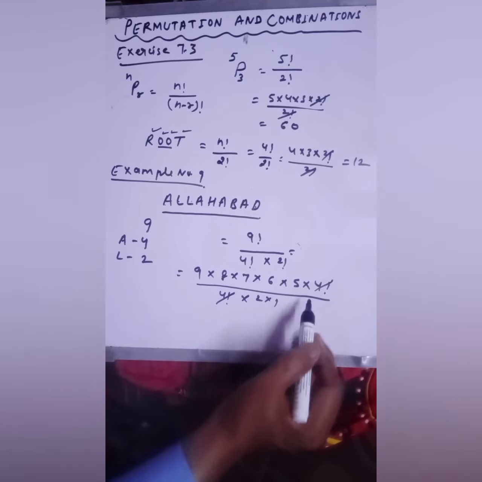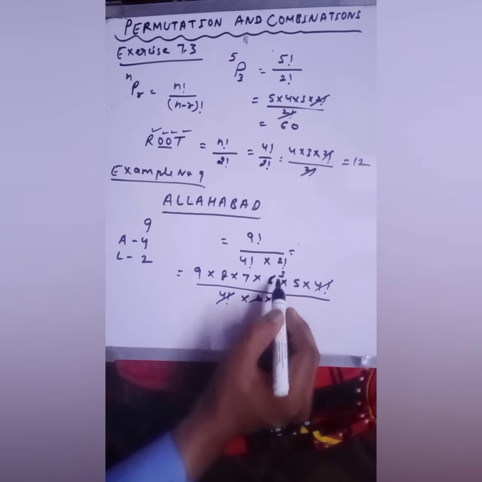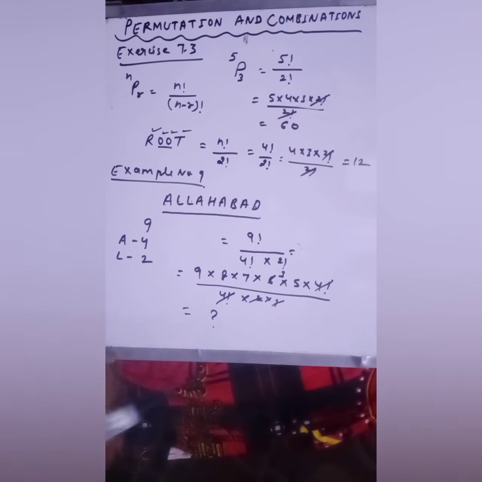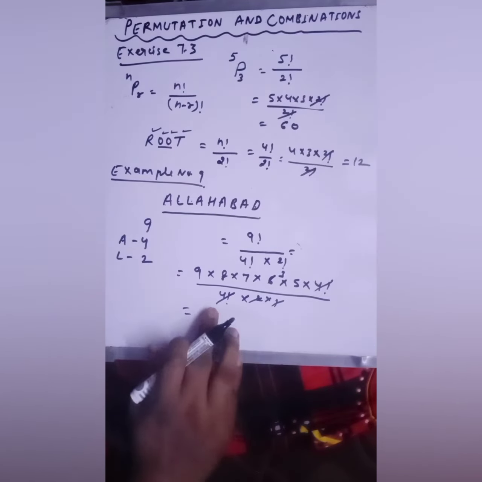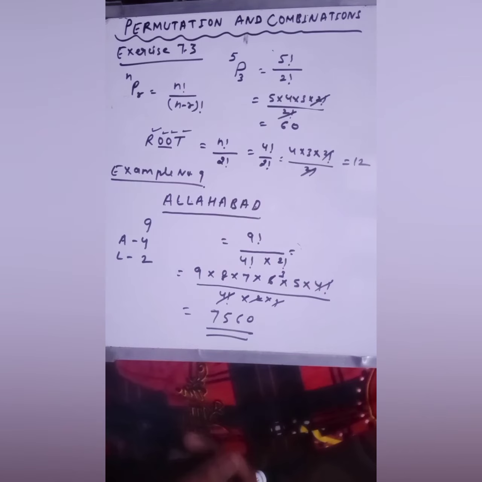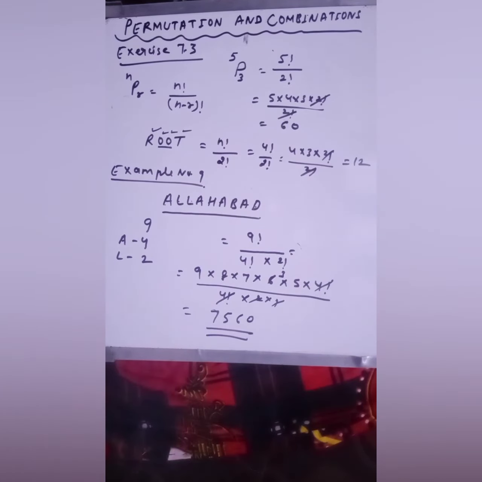This 4 factorial and 4 factorial will cancel out, and this 2 I'm cancelling. So you just have to calculate this and you will get the required answer. Your answer would be 7560. So this would be the required answer. Is it clear now? Okay.